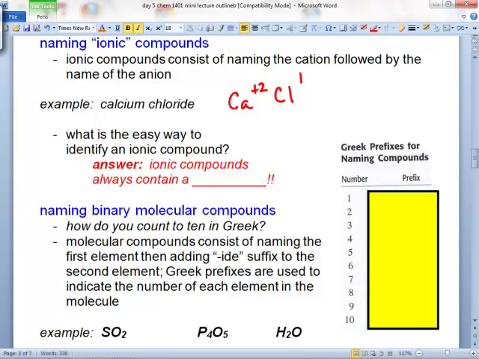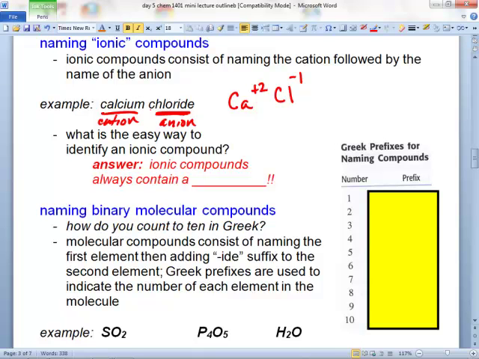Another hint is whatever's listed second, these guys are always the anions, always negative. That's another clue. So calcium is +2 because it's in group 2? Exactly. And a hint to look at the periodic table is, there's no Roman numerals written there, right? And there's no parentheses with anything. So you got to look at the periodic table to figure it out.